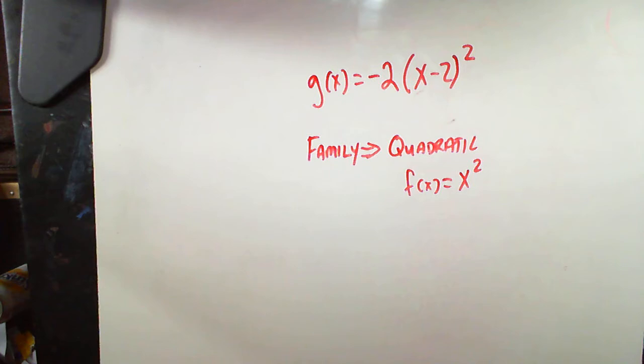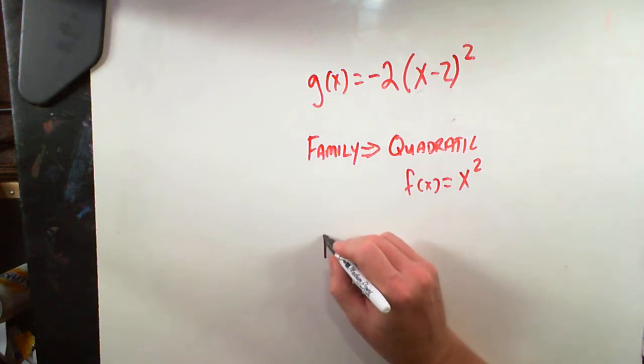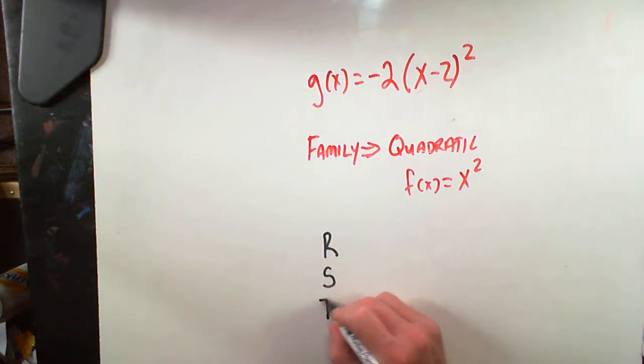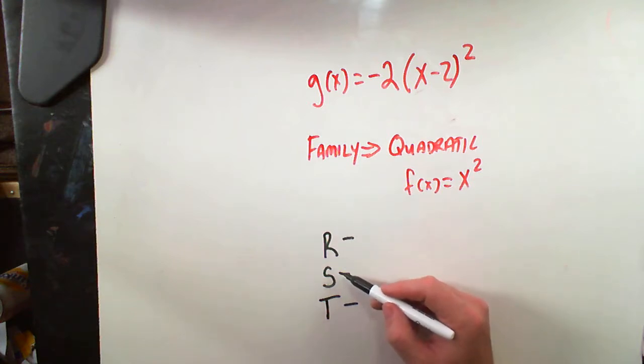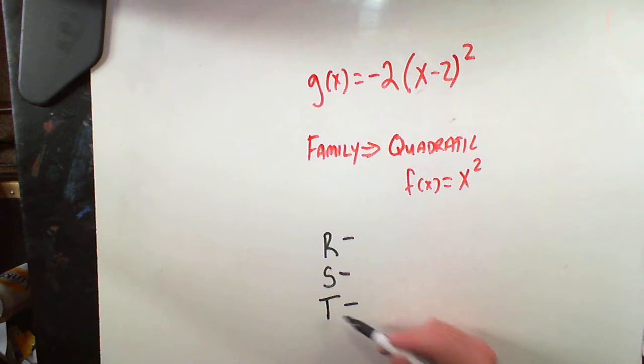Then we need to list the transformations in order that need to be performed on the graph to obtain this graph. When we are asked for transformations in order, remember we're looking for RST, right? Reflections, shrinks and stretches, translations. It's all transformations.